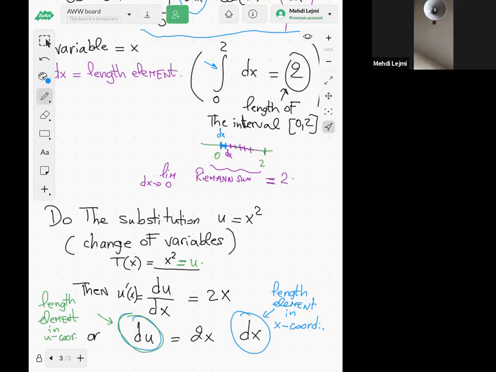So we have this relation between the length element in the x coordinate and the length element in the u coordinate, and the relation is given by this 2x.